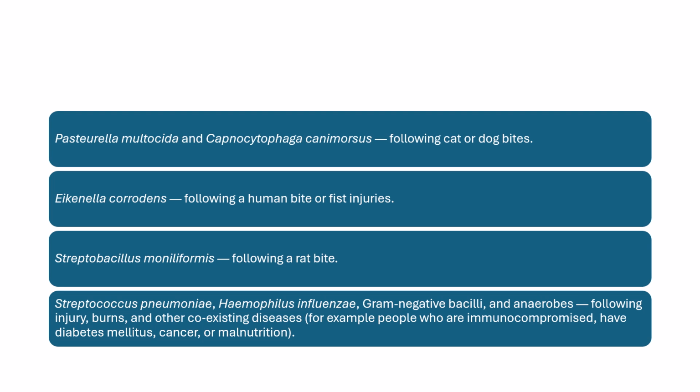Sometimes people keep pets like cats or dogs, and their bites can cause cellulitis. Human bite injury can cause cellulitis because of Eikenella corrodens, Streptococcus pneumoniae and H. influenzae. So these are all the organisms, but the important ones are the two which I have mentioned before.